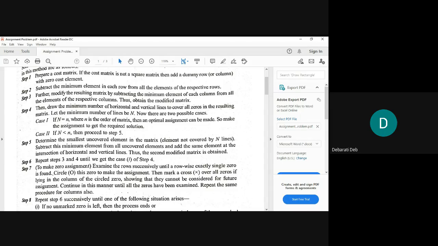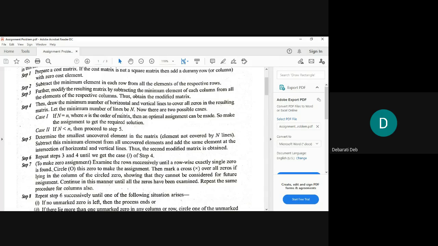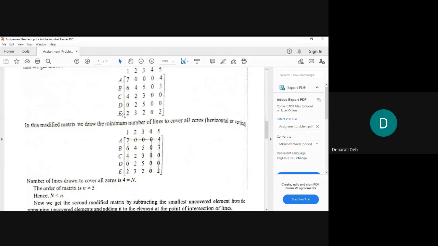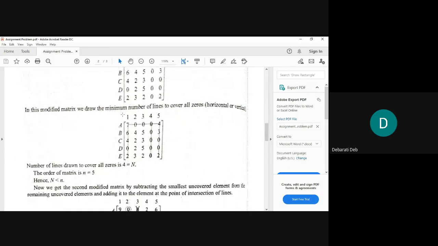Ma'am, case 2. Case 2, because here the number of drawn lines is less than the order of the matrix. What is the order of the matrix? It is 5, right? Order of the matrix, that is small n, is 5. And the number of drawn lines to cover all the zeros is 4. That is capital N is 4.